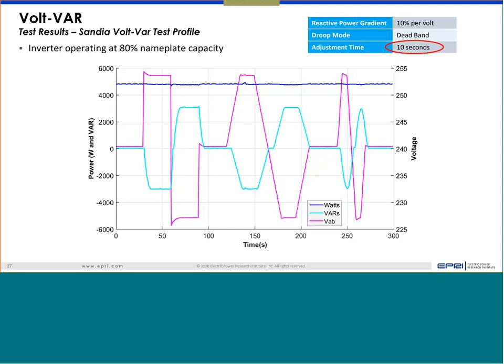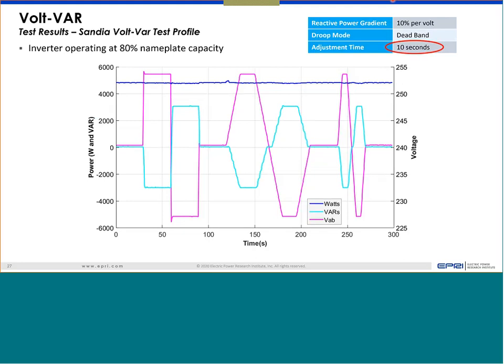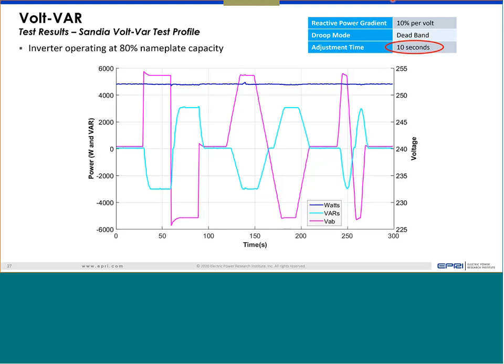is the response time. Most of the time we show VOLVAR, which is the Q and V relation, and we don't show the time, but time is another important factor. We also have a separate piece of research, and we did a couple of webinars and are going to publish a report, showing that a very aggressive VOLVAR setting combined with the response time can create an oscillation problem.